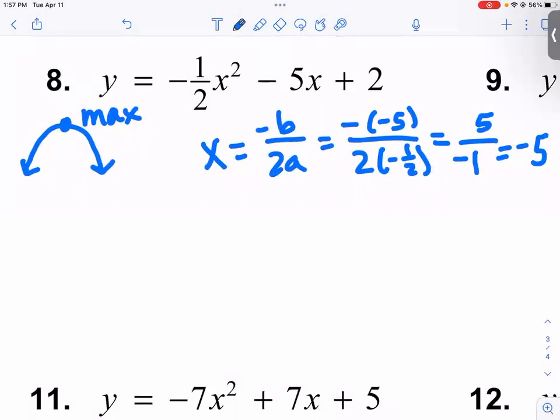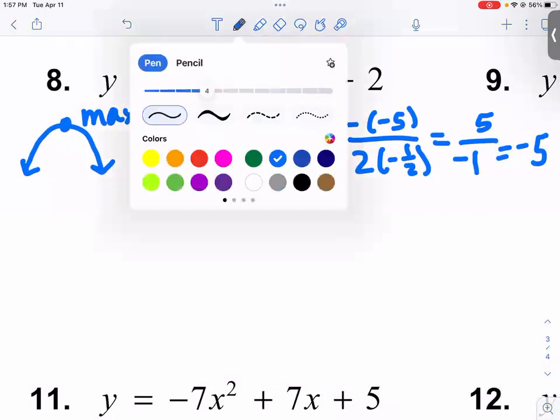Okay. That is where the maximum value is occurring, but it's not the maximum value. The maximum value would be the y coordinate. Okay. Negative 5 is the x where it is happening. So if I actually want the max, what do I need to do with negative 5? Plug it in. Okay.